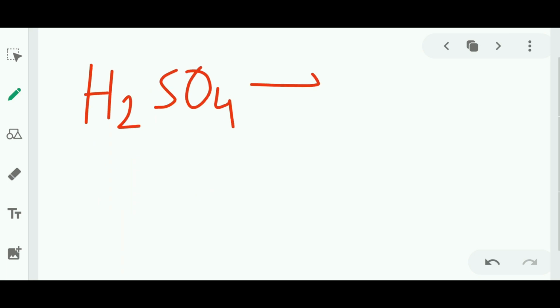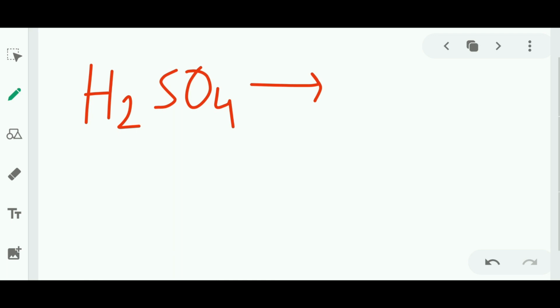Whenever NaOH reacts with sulfuric acid, it produces an acidic salt. Sulfuric acid reacts with FeO to produce FeSO4 and H2O. So these are the acidic properties.